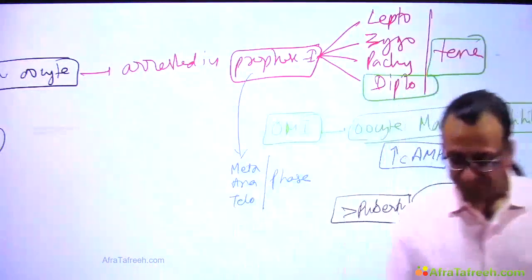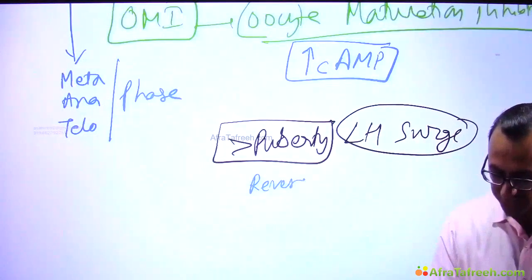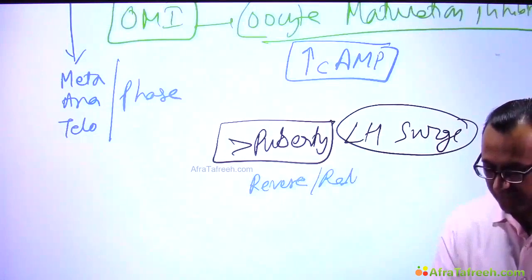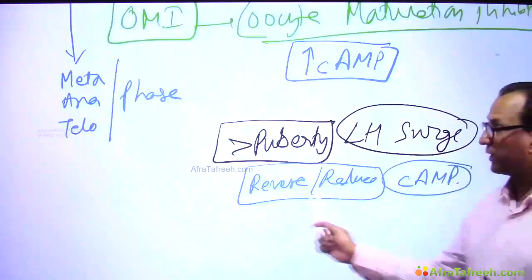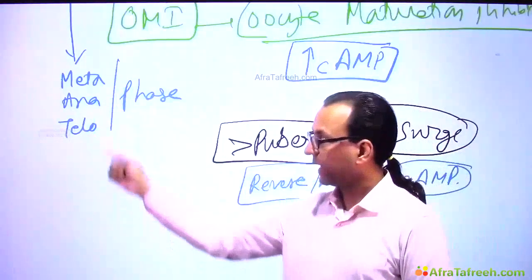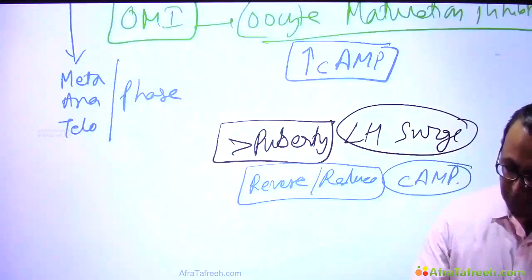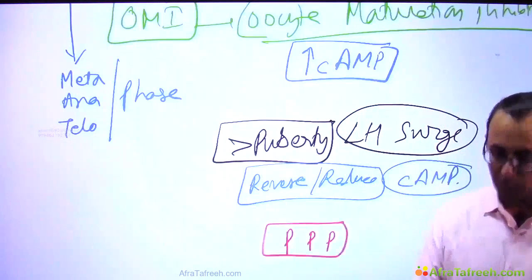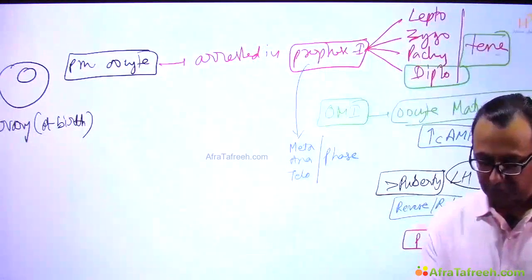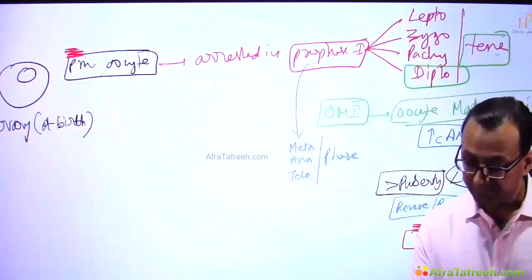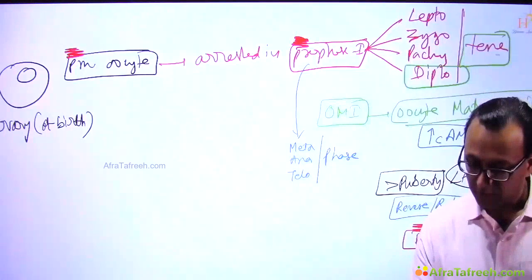You will notice there will be a reversal, or you can say a reduction, in the level of cyclic AMP, and only then can the cell move into metaphase, anaphase and telophase. Remember one mnemonic: P, P, P. And what is the extension of the mnemonic? The first P is the primary oocyte, the second P is prophase 1, and the third P is puberty.